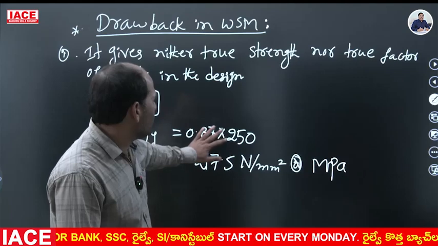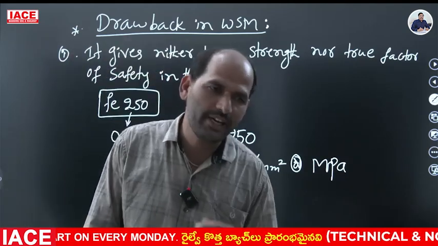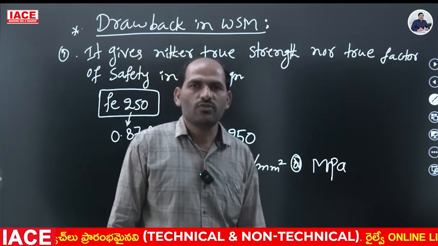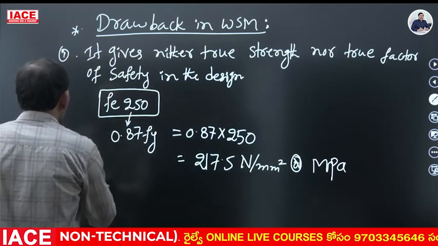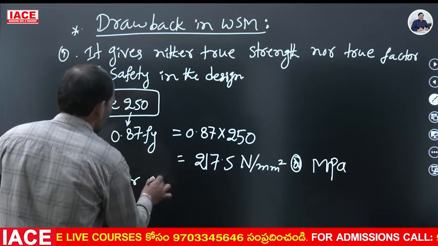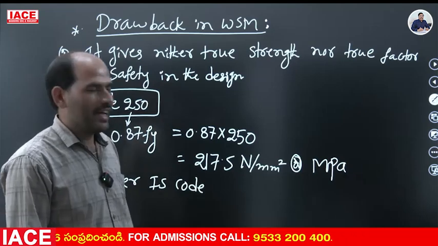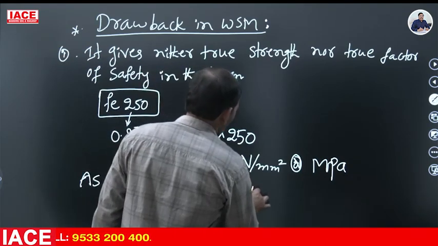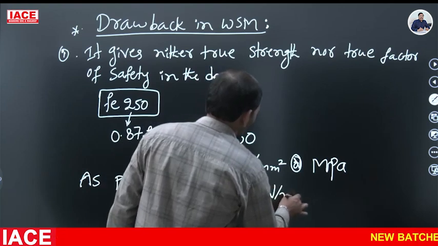This value is based on the experiments point of view, but IS 456 gives a different value. As per IS code, the yield stress value is 140 Newton per mm square.